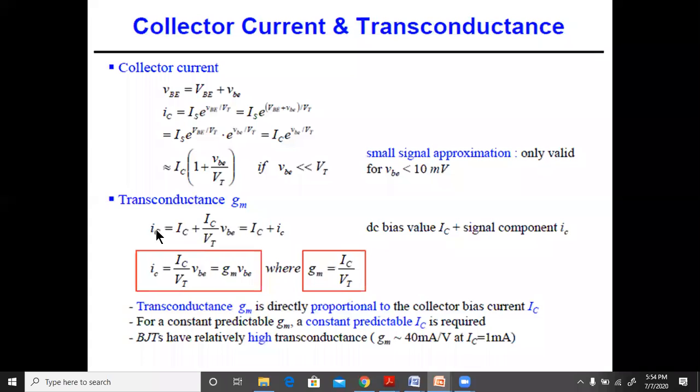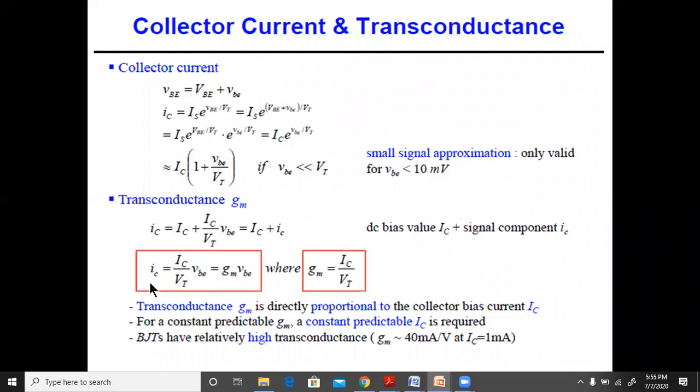That means you can see that this AC value will be equal to this value, and that's what we have written over here. And this IC by VT, you can just take it as the two terms. GM is generally defined as IC by VBE.